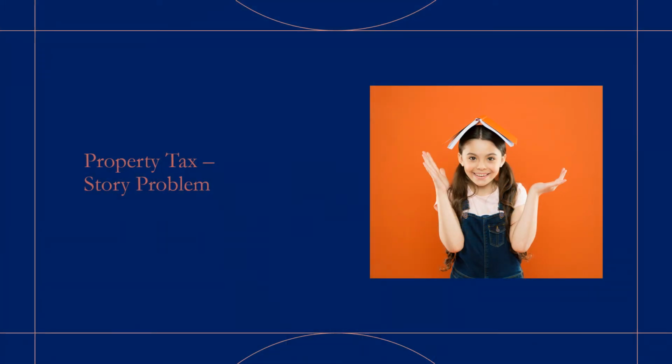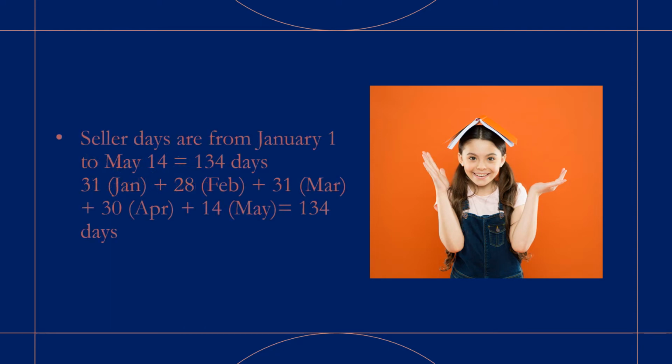Property tax, story problem. To solve this problem, you have to recognize that closing is scheduled for May 15th. You have to calculate seller days as being from January 1st through May 14th.